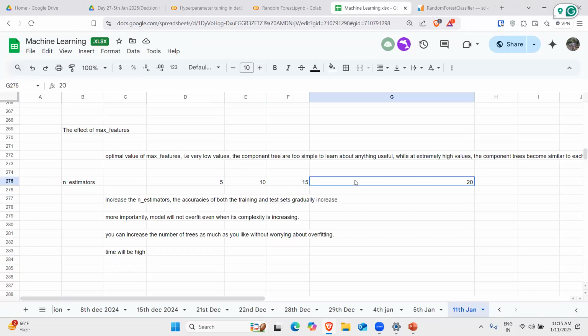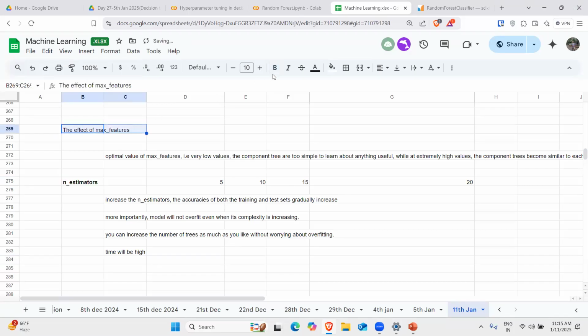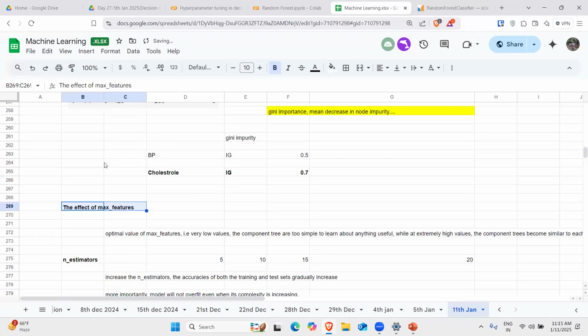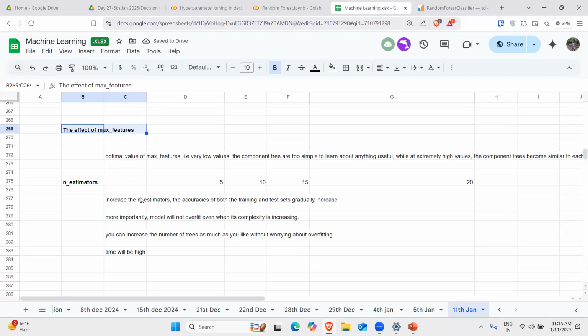Not necessarily should you add as many estimators as possible. That should not be the case. You should maintain a balance between your time as well as accuracy, right? So that's what it is.